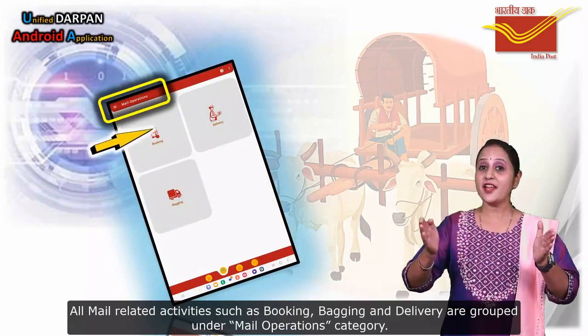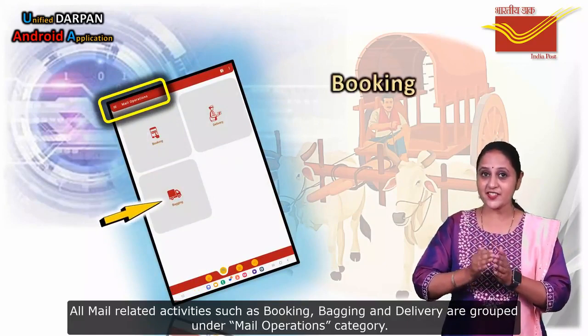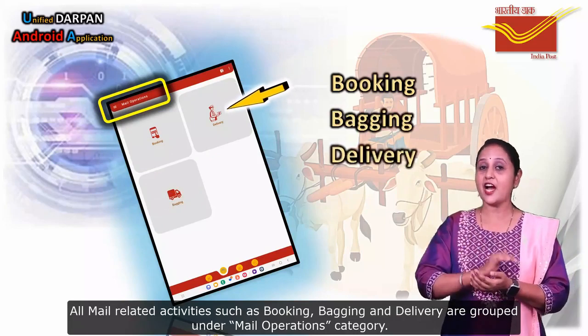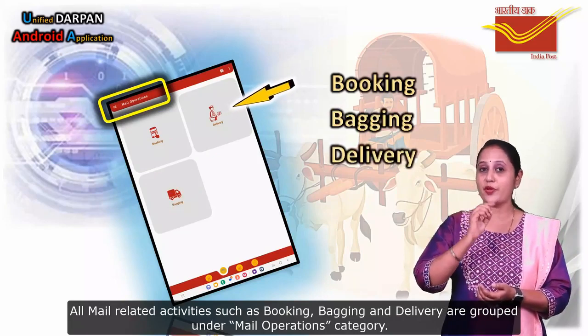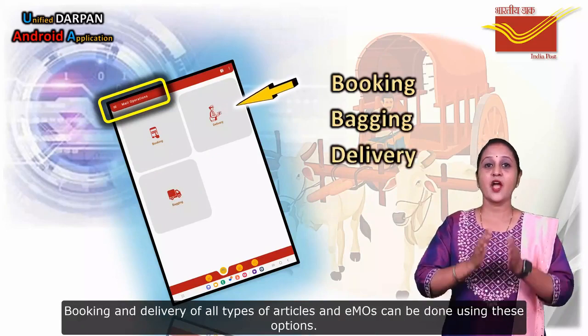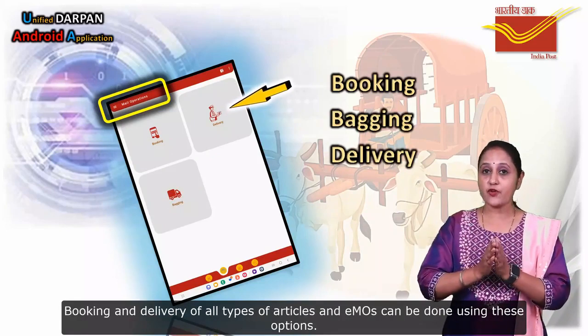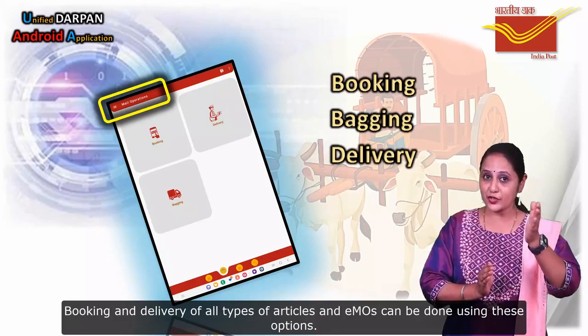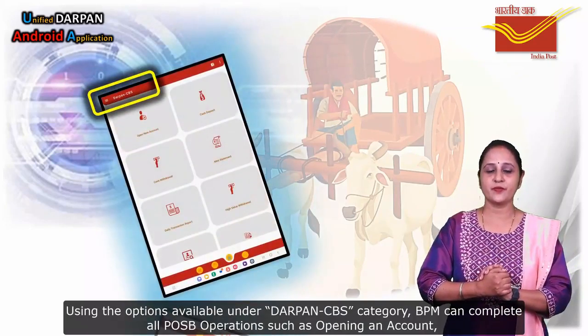All mail related activities such as booking, bagging and delivery are grouped under mail operations category. Booking and delivery of all types of articles and the EMOs can be done using this option.